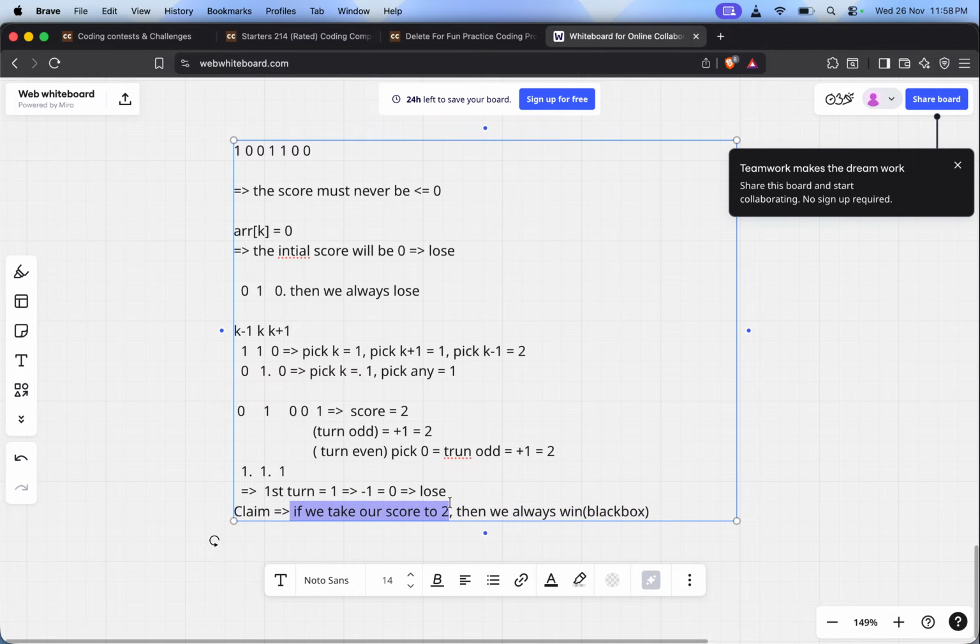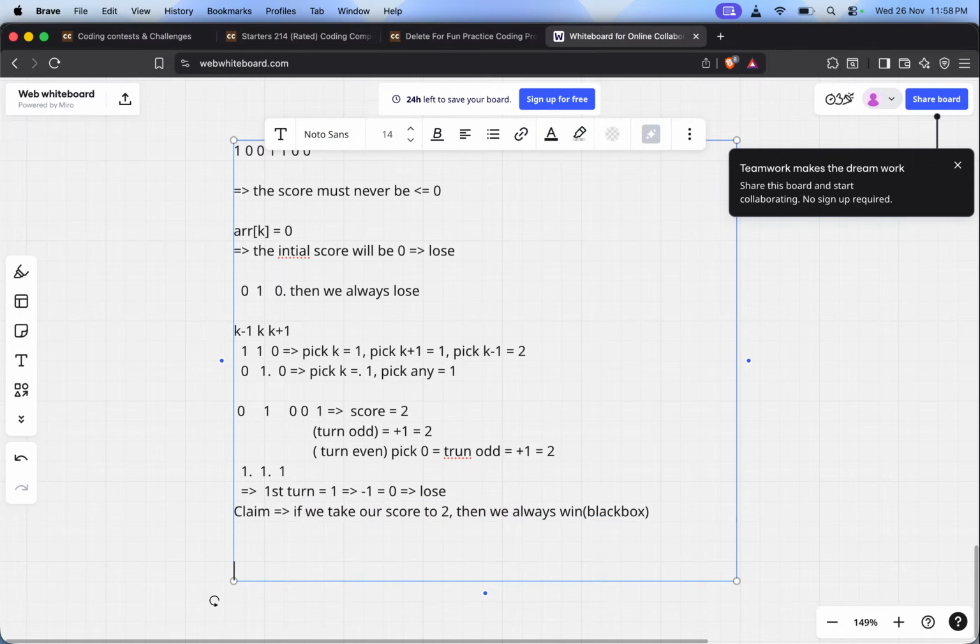Now, in the rest of the cases, we always win, but our claim needs to be true for that. Let's say our claim was, if we take our score to 2, then we always win. Let's say our score is 2. Like we have completed this portion somehow, and score is 2 now. Now, if we have zeros and ones, if our turn is odd, pick this 1 and then this 0, our score increases by 1.